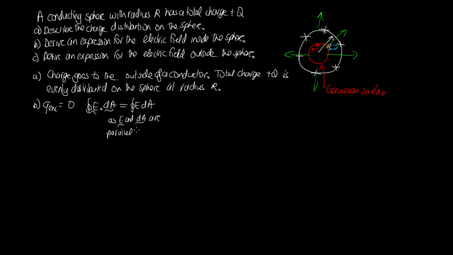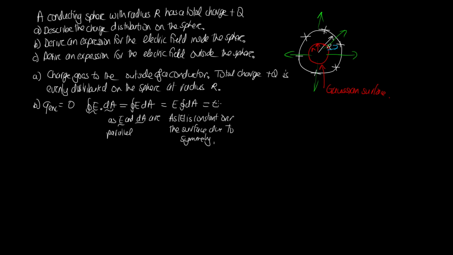It's good to give reasons as to why we can make each of the simplifications that we're making. Then we can assume that the electric field is constant over this surface, so we can pull E out the front, as the magnitude of the electric field is constant over the surface due to symmetry.